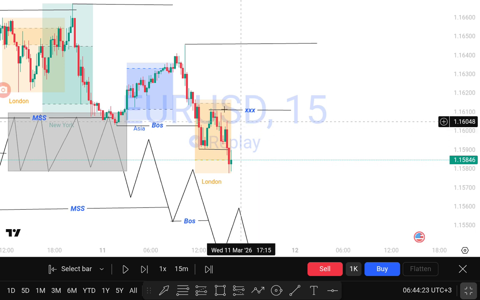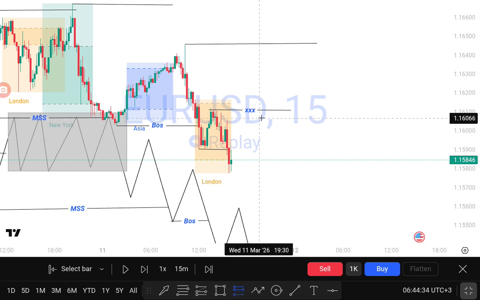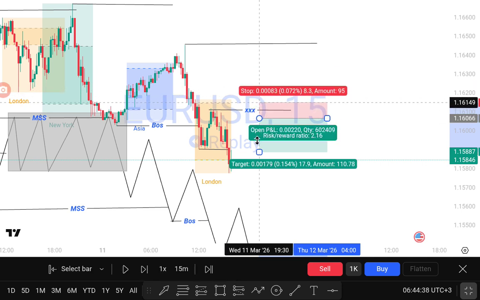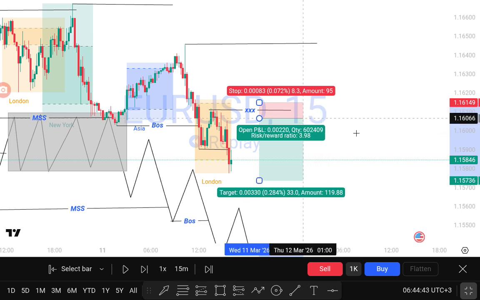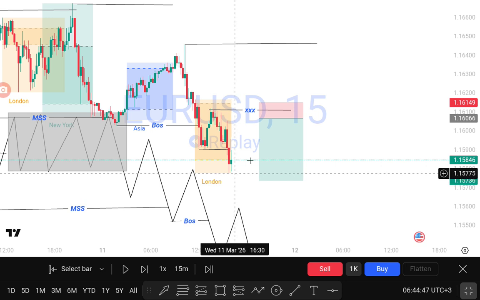So many traders are gonna mark this as a lower high. So what are they gonna do? They want to sell at this level, their stop loss slightly above, their TP down. So market makers know that most of the traders are going to do this.